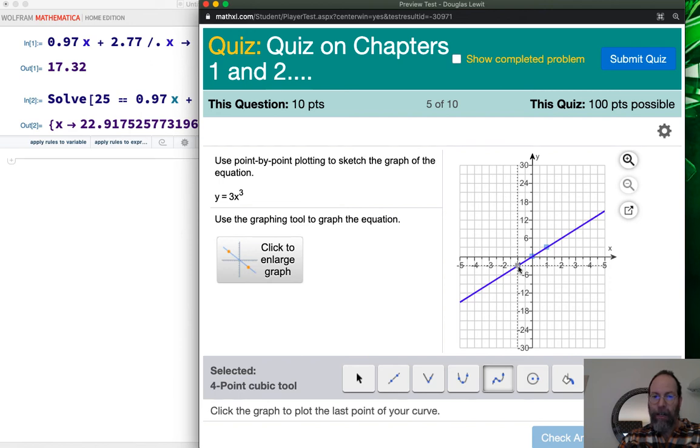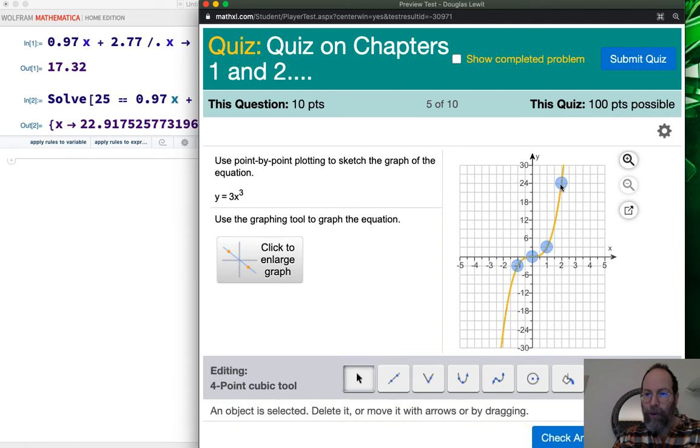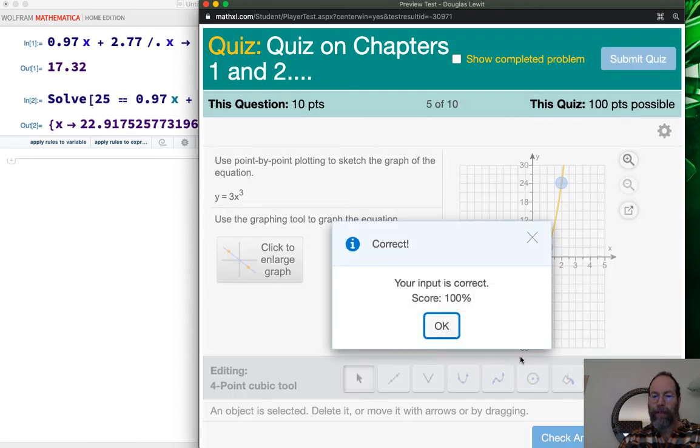And what happens if x is 2? If x is 2, 2 cubed is 8, and 8 times 3 is 24. So these are the 4 points. Check answer. Your input is correct. Terrific.